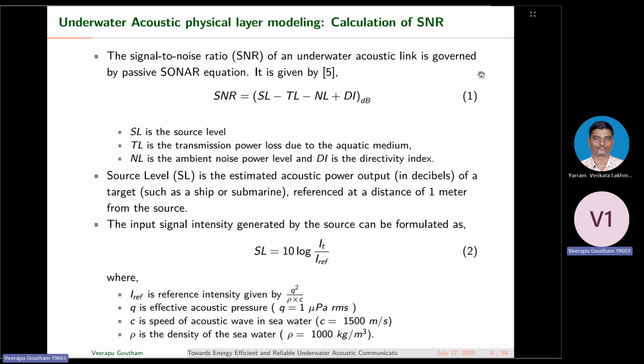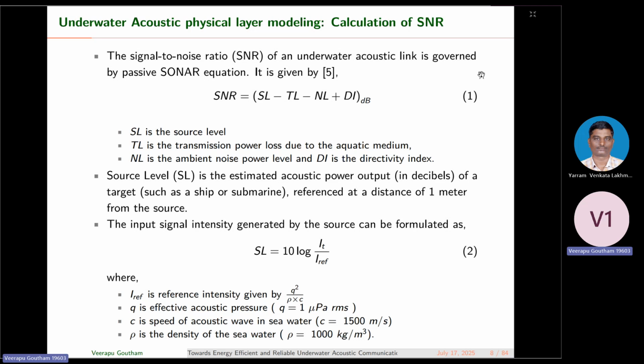Based on a directional or omnidirectional antenna, the directivity index is decided. If it is a directional antenna, the signal received is more: it is plus 3 dB for a directional antenna, and 0 dB for an omnidirectional antenna.